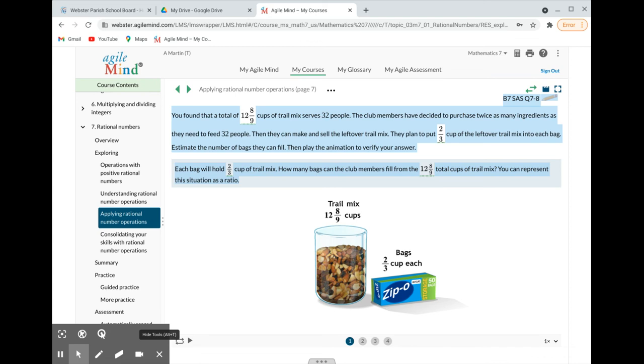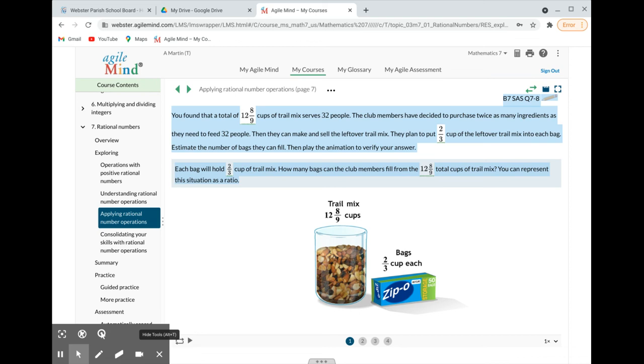You found the total of 12 and 8/9 cups of trail mix served 32 people. The club members have decided to purchase twice as many ingredients as they need to feed 32 people. Then they can make and sell the leftover trail mix. They plan to put 2/3 cup of the leftover trail mix into each bag.